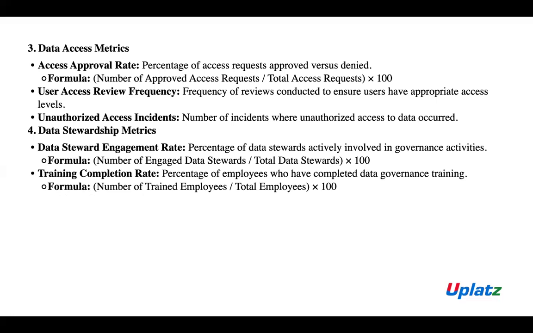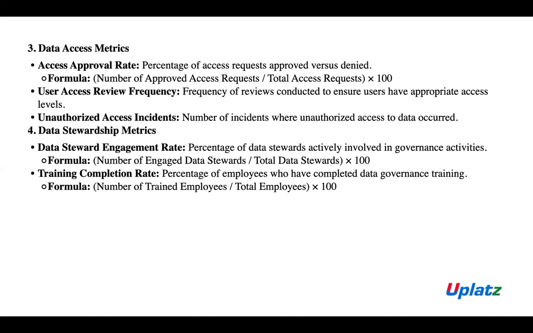We can derive many more formulas like this. The second one is user access review frequency: the frequency of reviews conducted to ensure users have appropriate access levels. The third one is unauthorized access incidents, which gives the number of incidents where unauthorized access to data occurred.